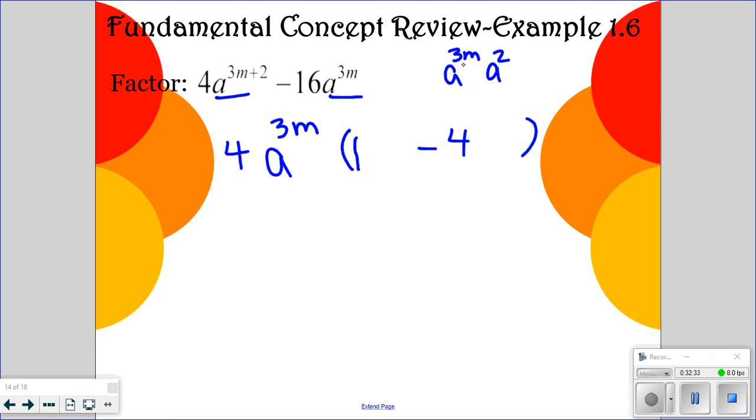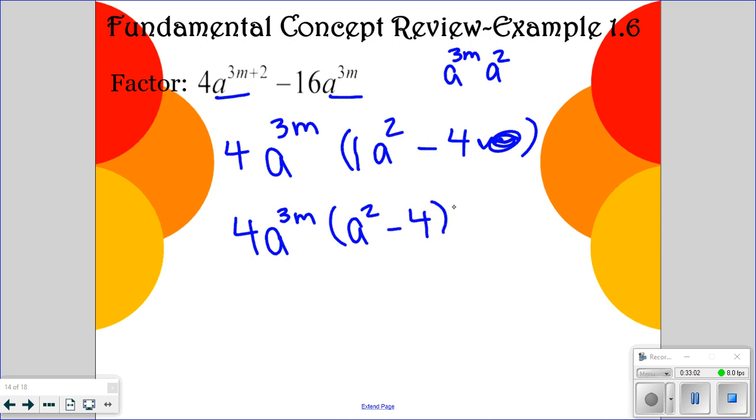So if we took out the 3m part, then we're left with the a to the 2. So we're going to put a to the 2 right here, because we did not pull it out. Now over here, we took out the a to the 3m, so we don't need to put anything in this spot right here. So the way that it should actually be written is just an a squared here, not a 1a squared. That's why I said you didn't have to write that 1 necessarily. We weren't sure yet.